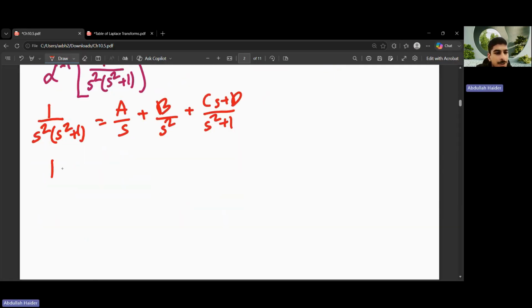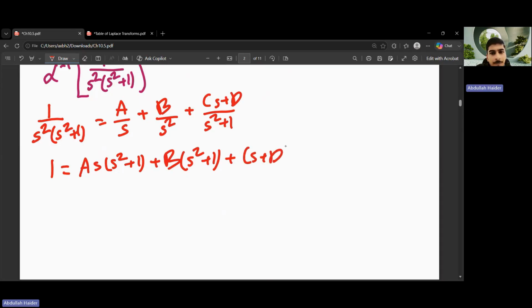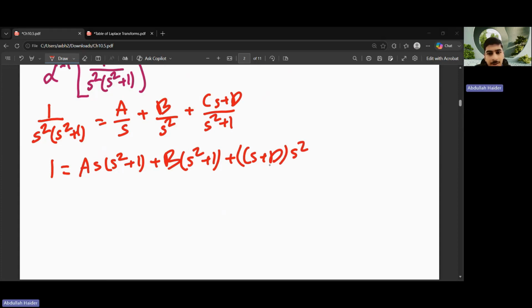So you get 1 is equal to a s times (s squared plus 1) plus b times (s squared plus 1) plus (cs plus d) times s squared, divided by s squared only.